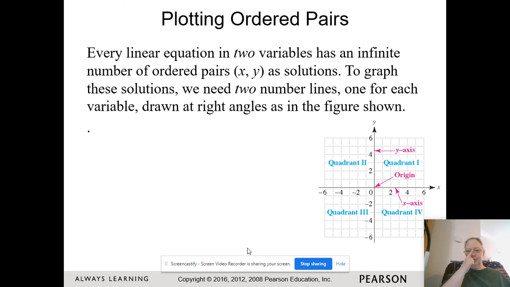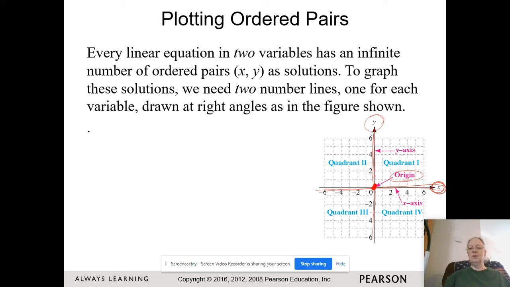Okay, plotting ordered pairs. Let me give you some definitions here. These are number lines actually, and the number line that goes horizontally is the x-axis, and the number line that goes vertically is the y-axis, and they cross where they're both 0. This point right here where they cross is called the origin.